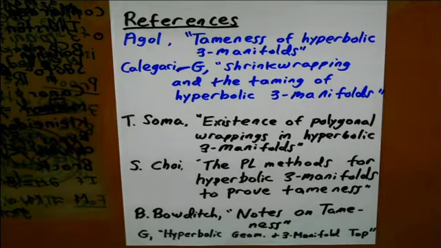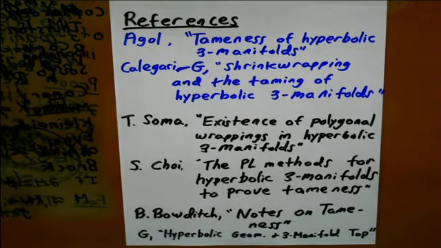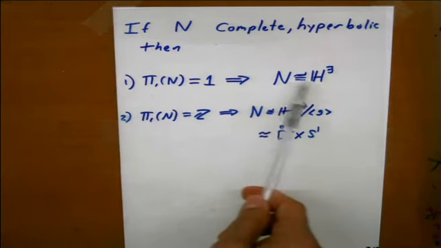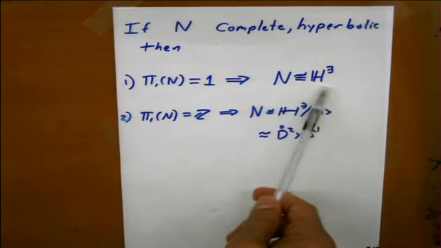So, before I start, let me mention that there are some cases where tameness is very simple. If the manifold already has trivial fundamental group, then by the Cartan-Hadamard theorem, since the sectional curvature is -1, it's simply H3.